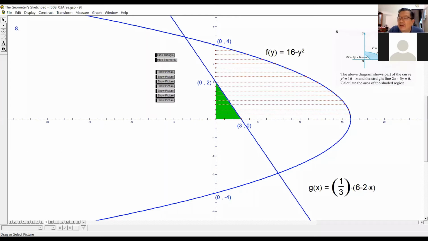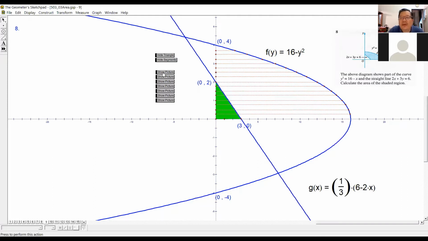On the other hand, if you change the equation to x equals to 16 minus y square, it will be very easy to integrate. So it is better to integrate the area from the curve until the y-axis with respect to y. It's easier.